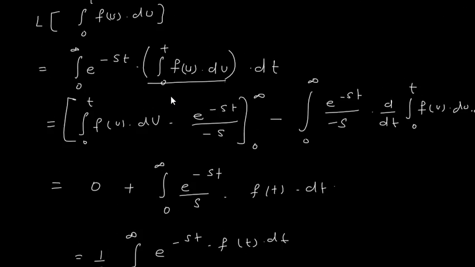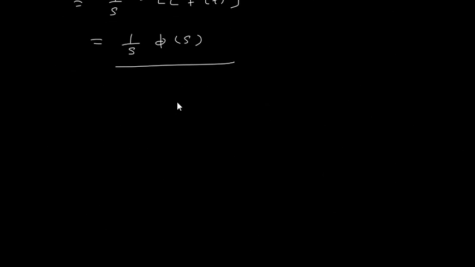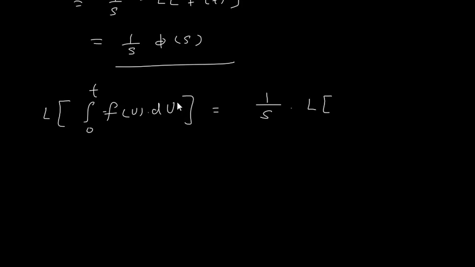So this is Laplace transform of integrals. Again I will write the formula: Laplace of 0 to t f of u du is equal to 1 upon s into Laplace of f of t. Okay, very important concept.